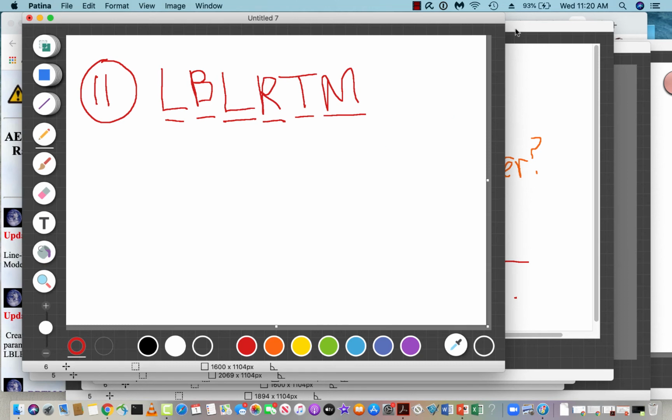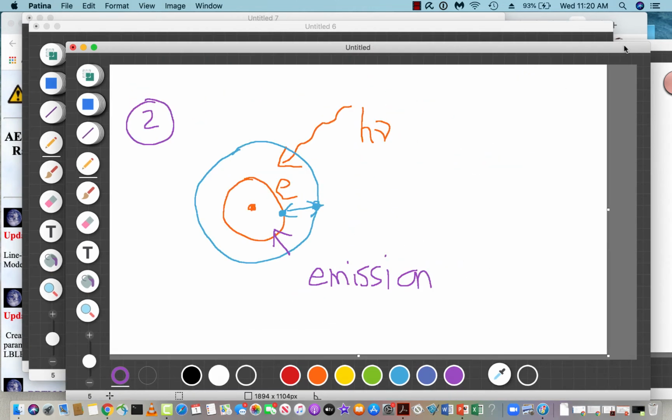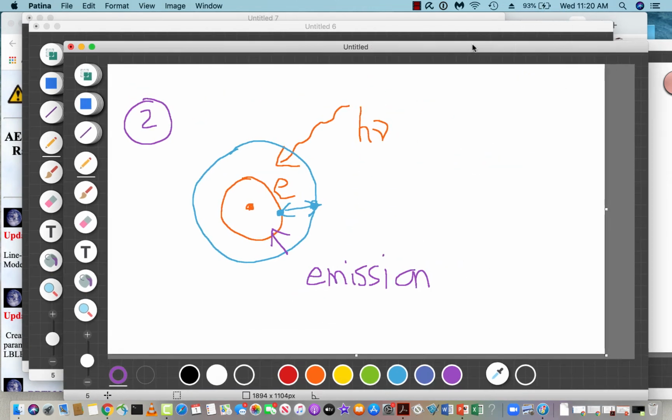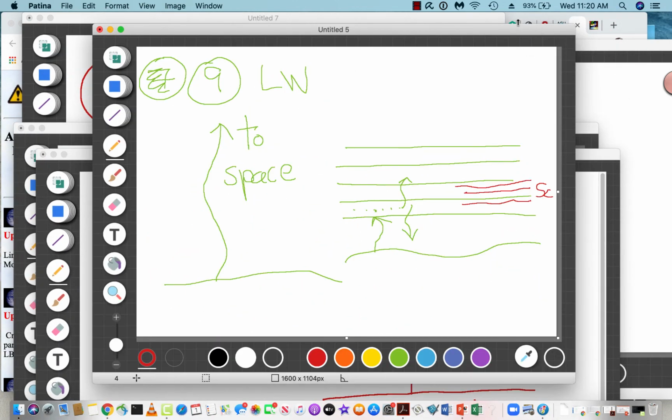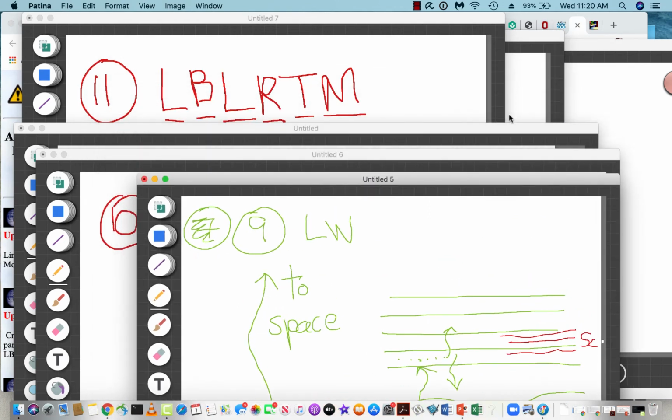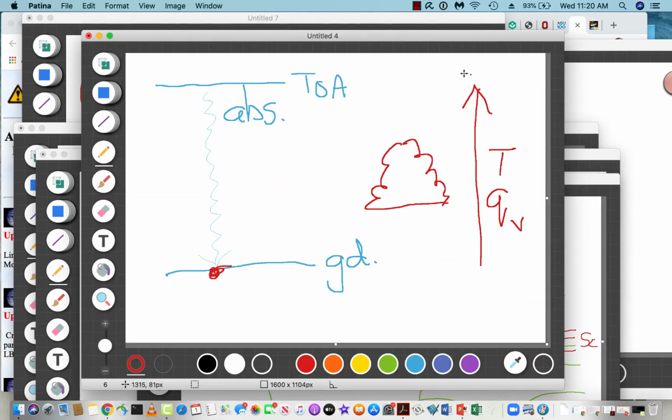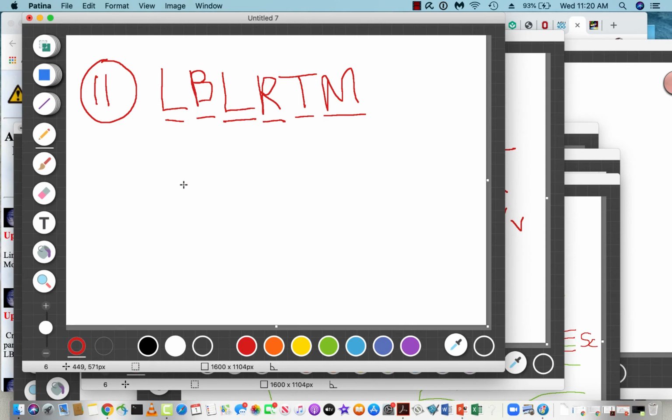And line by line means that, you remember that pretend diagram I showed with absorption lines? Well, all right, so let me just do this again.